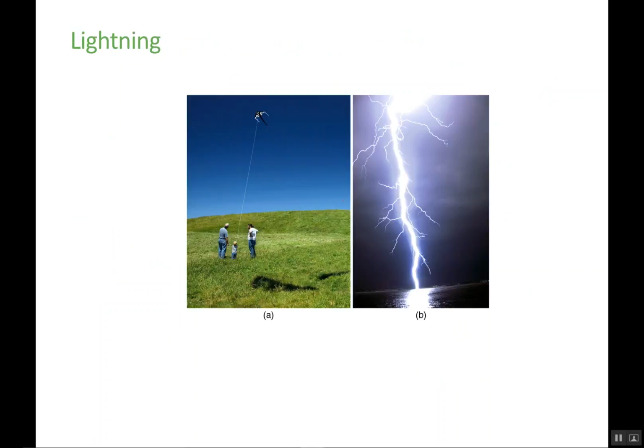Finally, let's say something about lightning. Under normal situations, there tends to be a charge separation between the ground on the Earth and the atmosphere and the clouds.